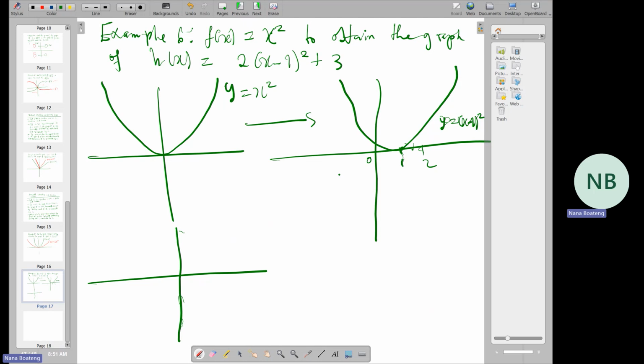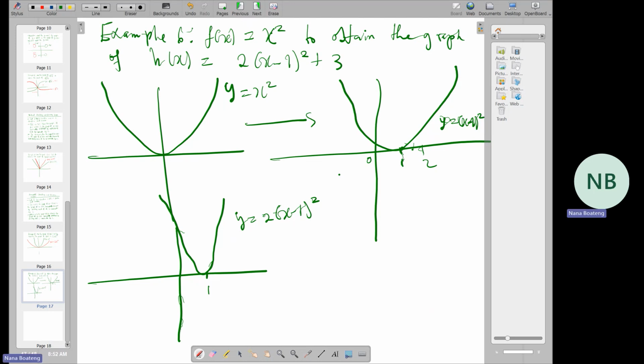So this function is still shifted to the right by 1, but now it's stretched upwards. So this is y is equal to 2 times (x minus 1) squared.